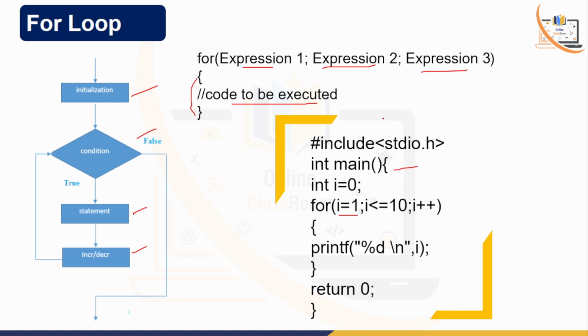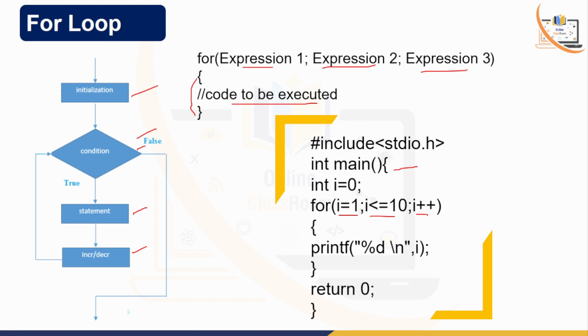The second expression is i less than or equal to 10, which is the condition checking, so the value of i must be less than or equal to 10. And the third one is i++, so it is an increment, right?